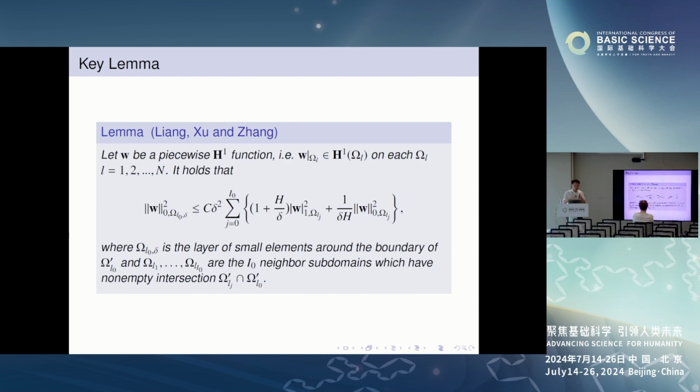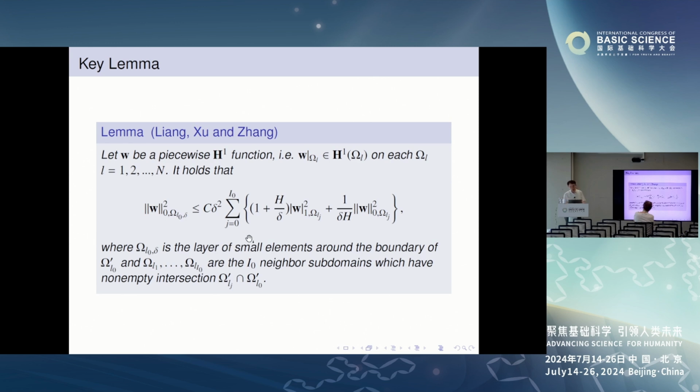But we can prove a lemma just on the piecewise H1 space, H1 functions. That means on the global domain we cannot prove it, but we can on the subdomains. On the partition of this coarse space, these are piecewise H1 functions. So you should prove this result. Actually, because we prove this result, everything is okay.